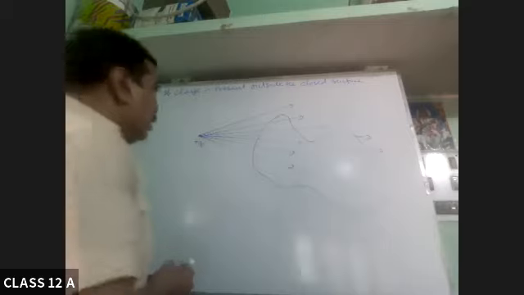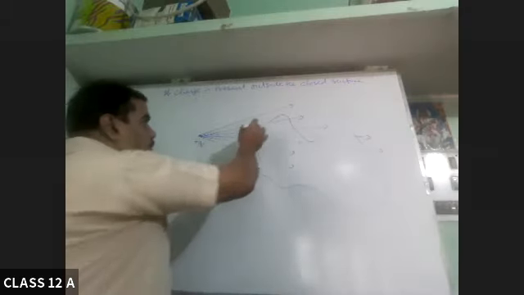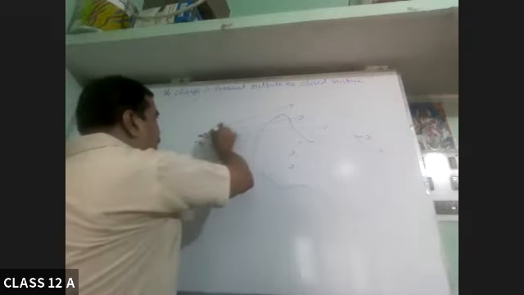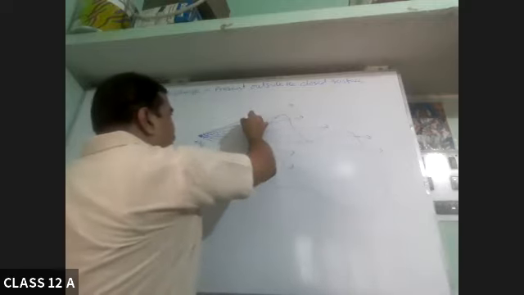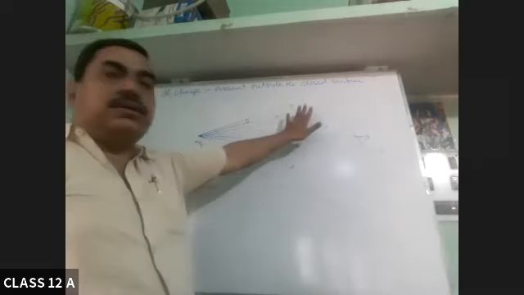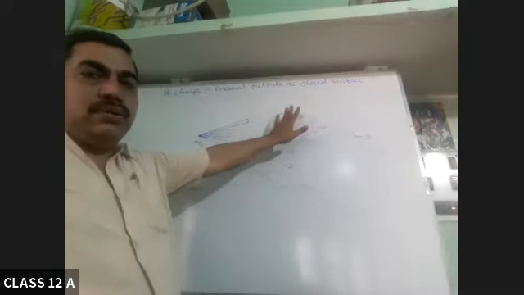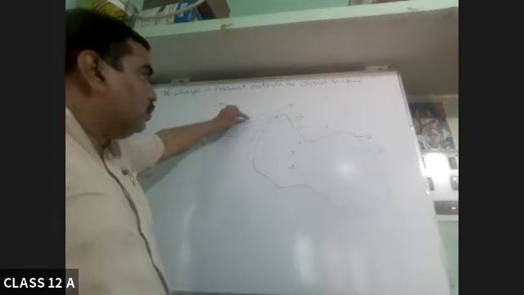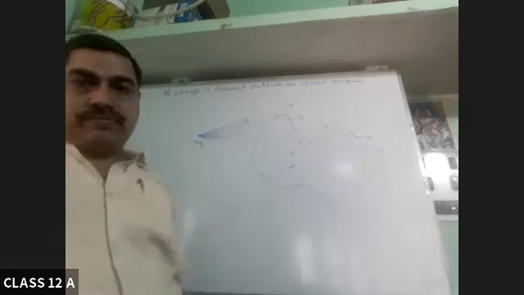So what is happening here? Suppose we consider this part. This is not intersecting the surface, so electric flux linked to these lines will be 0.